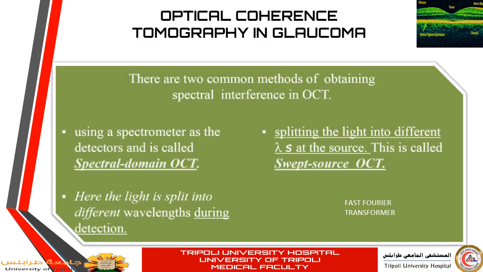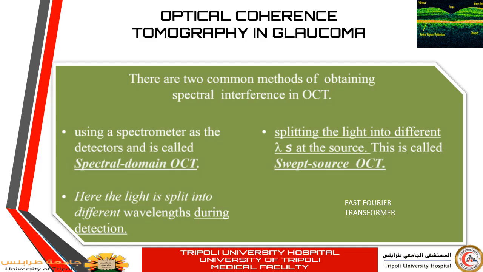This slide shows the main difference between spectral domain OCT and swept source OCT. As I mentioned earlier, in the spectral domain, the light is split into different wavelengths during the detection phase or stage. But initially the light is broadband. However, in the swept source, the light source is not broadband.